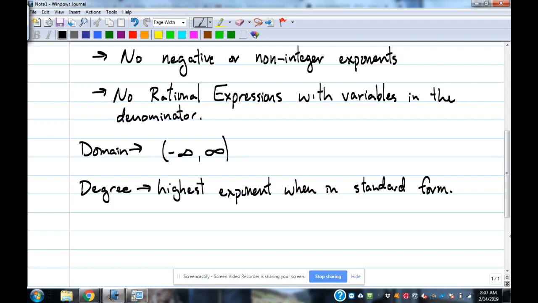Highest exponent when it's in standard form. So we're looking at the exponents on the x's, and the degree tells us a lot of things that we're going to discuss as we go along when we're dealing with polynomials. This is very much the same thing we did in Algebra 2. There's not much difference in this and what we did in Algebra 2.